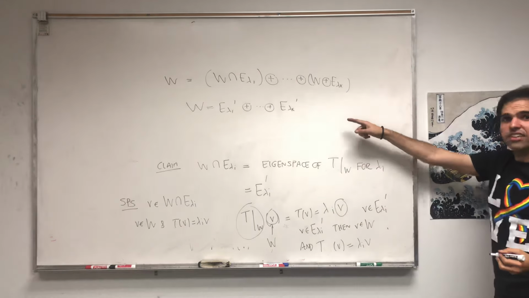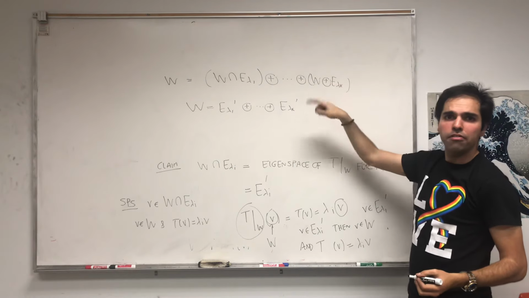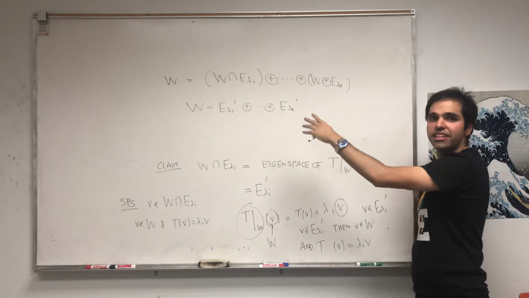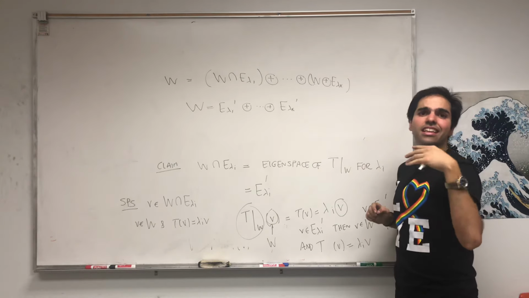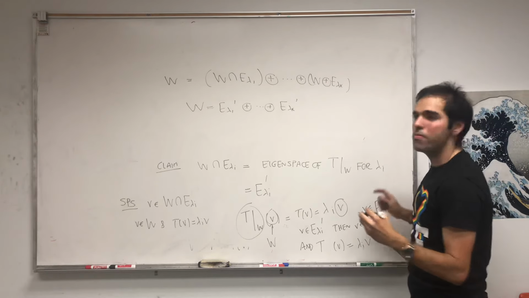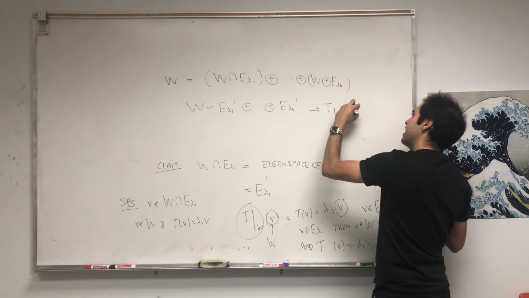Cool, so indeed our subspace is the direct sum of the eigenspaces for the restriction, and this is by definition the definition of T restricted to W being diagonalizable. So T restricted to W is diagonalizable.